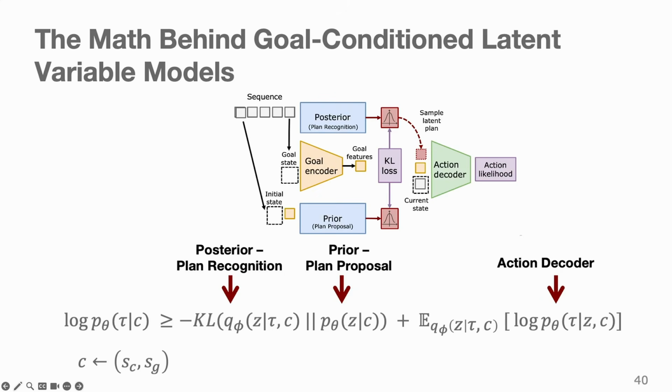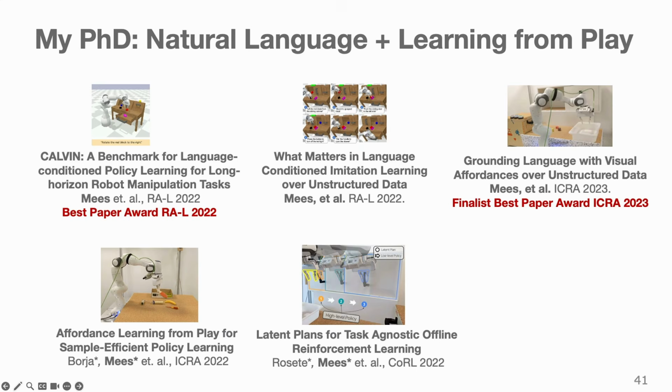And when you then introduce goal conditioning, if you have this context variable containing SC and SG, this nicely aligns with the three components we saw in this architecture: the posterior, the prior, and the action decoder. And the nice thing about this is that we have factorized the problem into this latent plan that frees up the capacity of the decoder for learning only unimodal behavior.